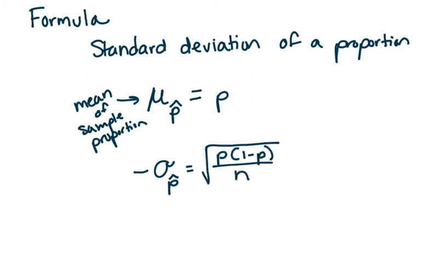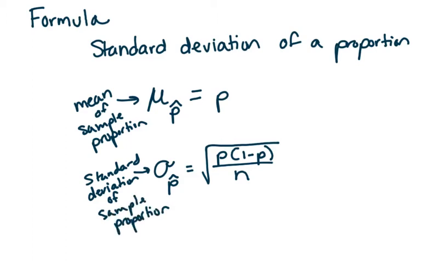And so this sigma notation means the standard deviation of sample proportion. And so we can go ahead and assume those things as long as our other criteria has been met.